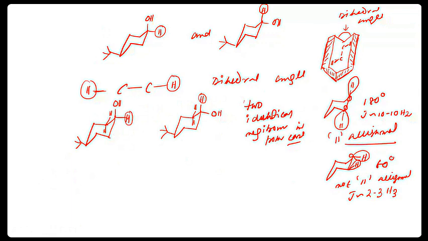See, here also we have two similar identical neighbors for these protons. But what is the difference? This is projected axially, this is projected equatorially. So here there will be a coupling. Here the coupling is equatorial axial. This proton will couple equatorial with this and axial with this.